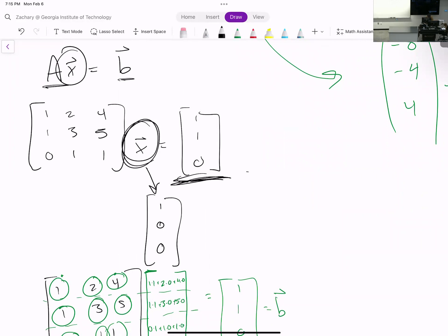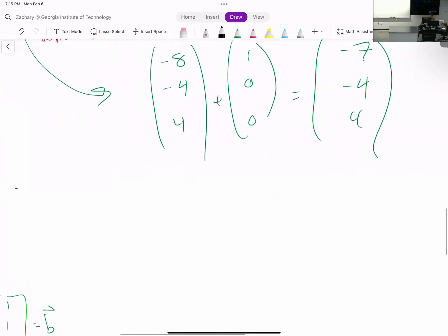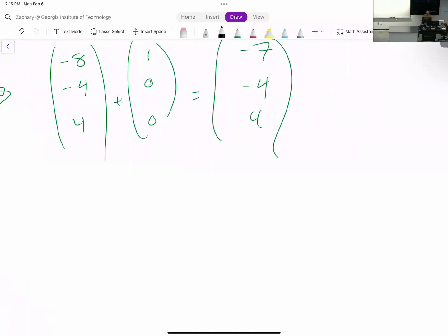Another example that I'm not going to work out is if we picked x3 to be 2, if we matrix multiplied A times the vector -7, -4, 4, you're also going to find that this is equal to 1, 1, 0. The miraculous thing about solution sets is when you solve them correctly, they work.